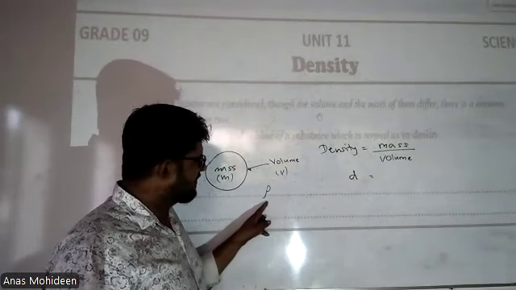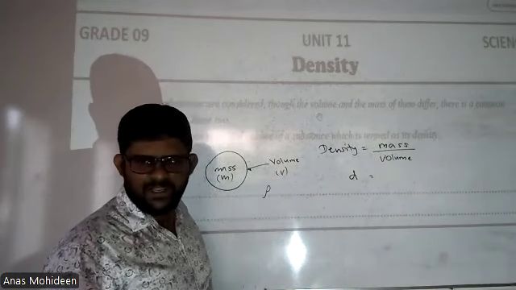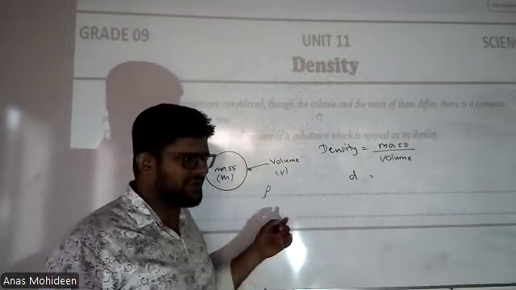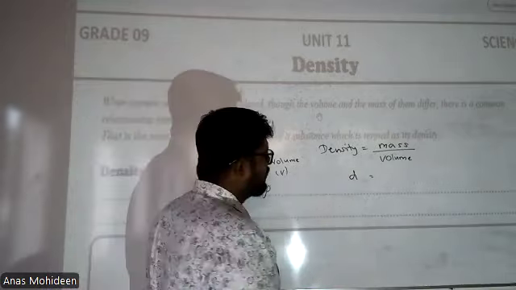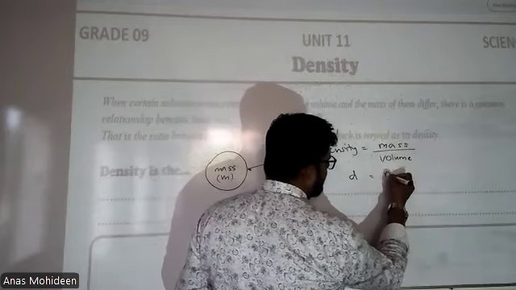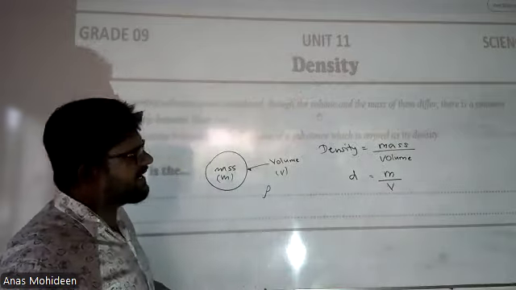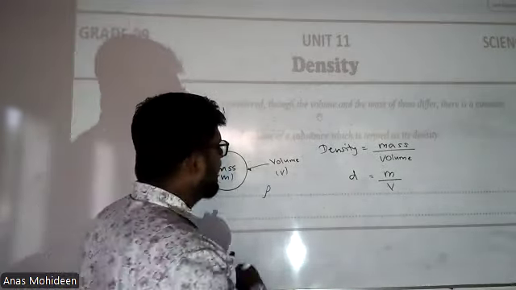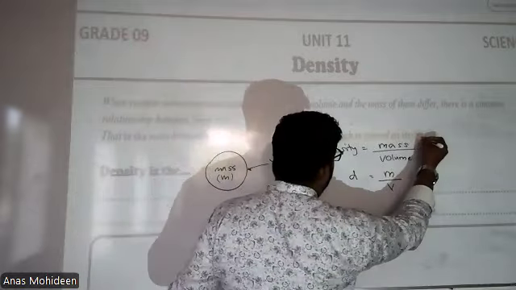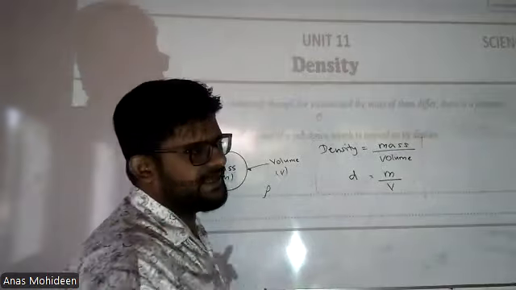It is from the Greek alphabet, like alpha, beta, gamma, we are taking rho. So rho also can be used here. So D equals M over V. This is the formula. D is equal to M over V.